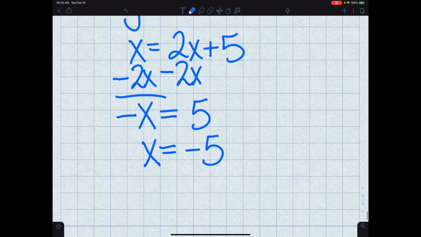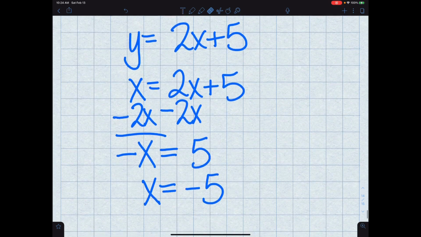Out of all of those things, I could have had a true statement like negative 5 is equal to negative 5. If I would have got that, it would be something different, right? It would be the dependent equation maybe, but I got just a point. So I got this point of x is equal to negative 5.